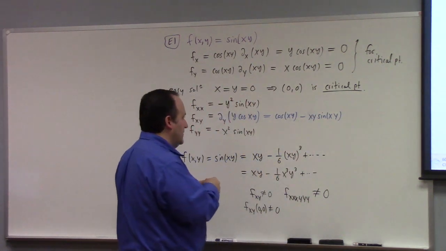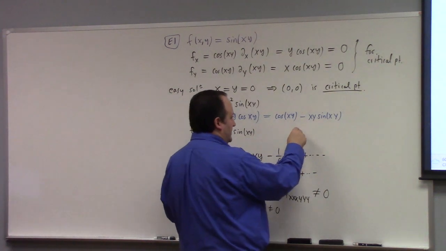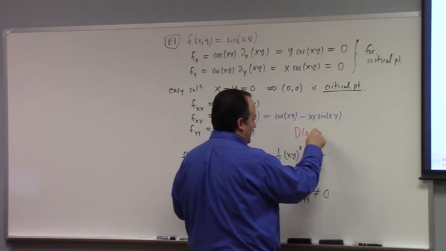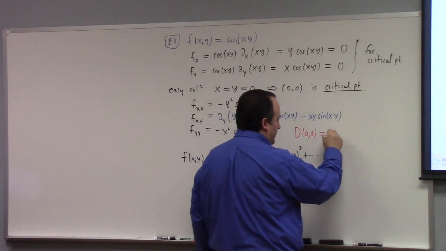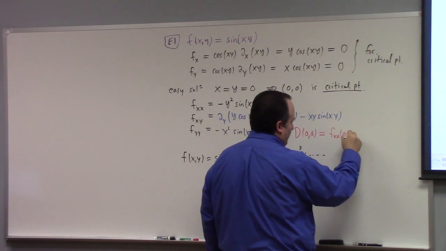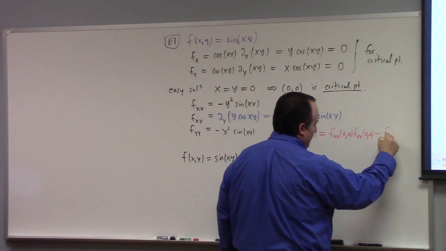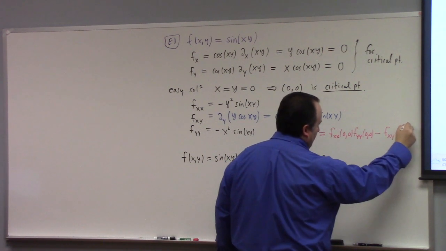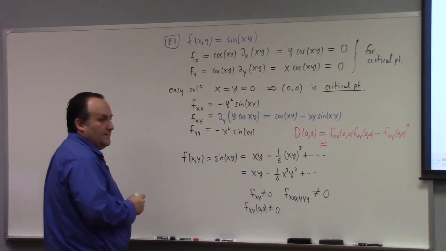So now, what's my D equal to? The D of 0, 0 in this case would be equal to fxx at 0, 0, fyy at 0, 0, minus fxy at 0, 0 squared. Also known as what?